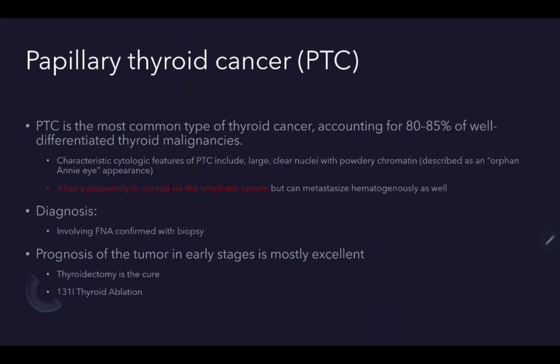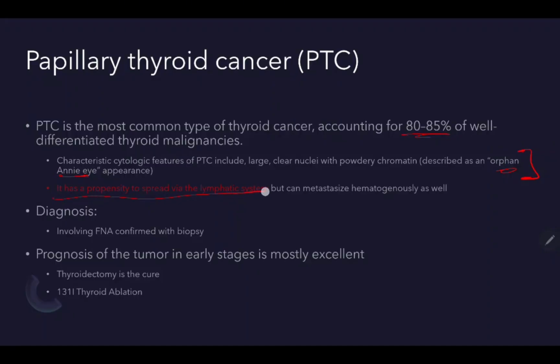Okay. Papillary thyroid cancer is the most common one. It's seen in 80-85% of malignancy. The characteristics, this is important for step 1 cases or basic exams like pathology, not important in clinic, but what you will see is something called Orphan Annie nuclei. It's a characteristic under the microscope, and this is important.